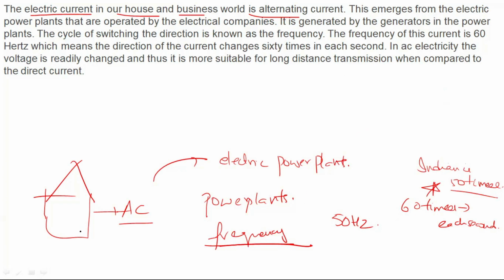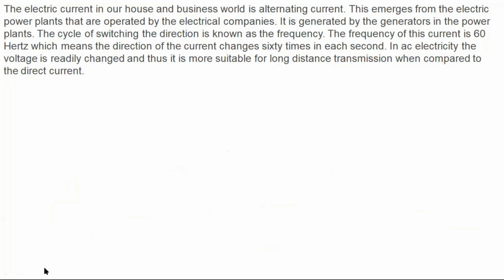In AC electricity, the voltage is readily changed, and thus it is more suitable for long distance transmission when compared to direct current. AC voltages can be transformed to higher or lower voltage levels.